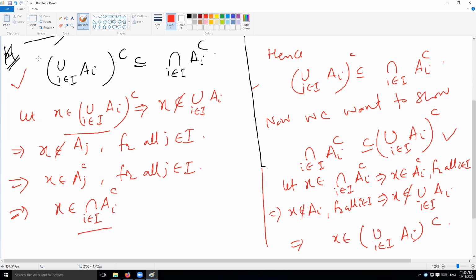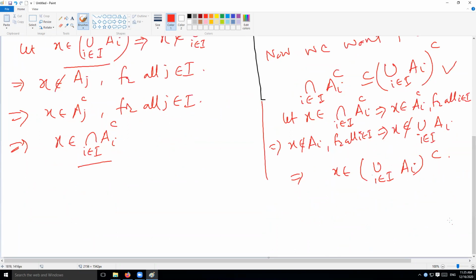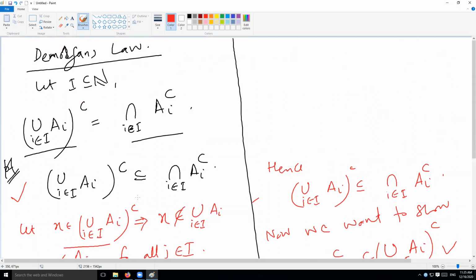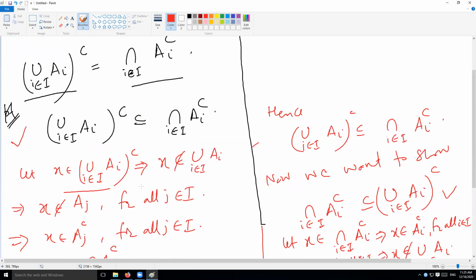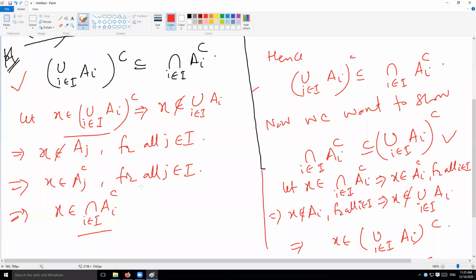Okay, this is how you have to prove the identity. The proof is not difficult, but you have to really grasp the meaning of the notation.